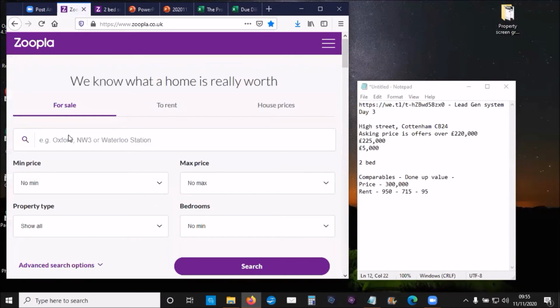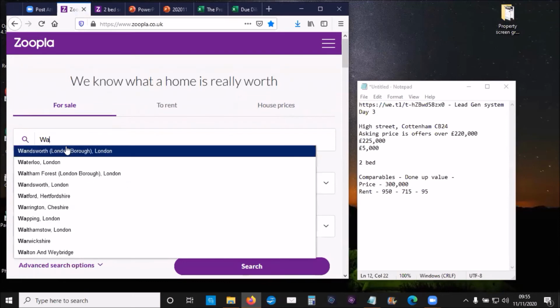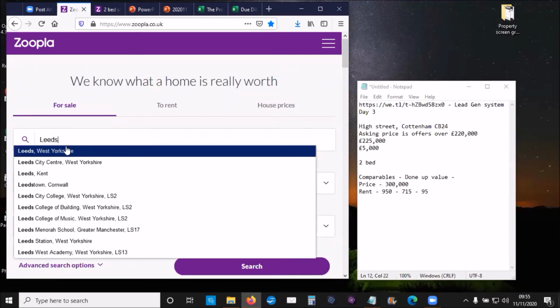So we'll go back to Zoopla's home page. Let's say we are going to find a property in Wakefield, maybe Leeds. We're going to find one in Leeds.